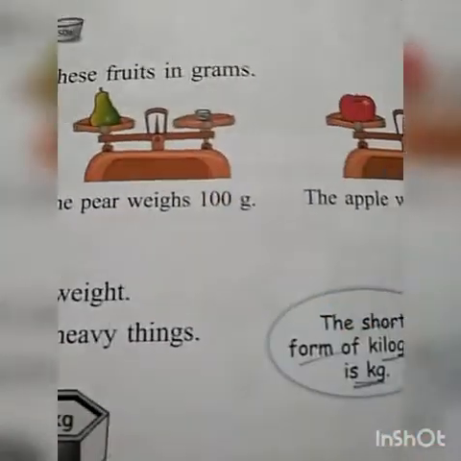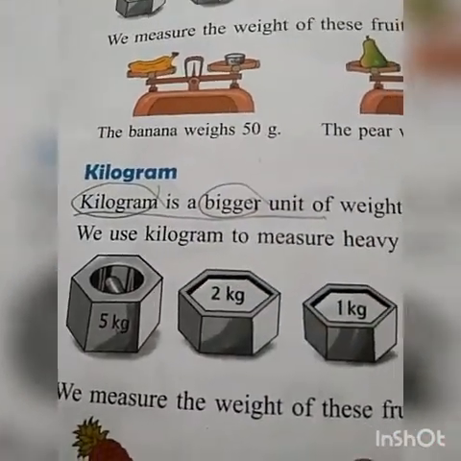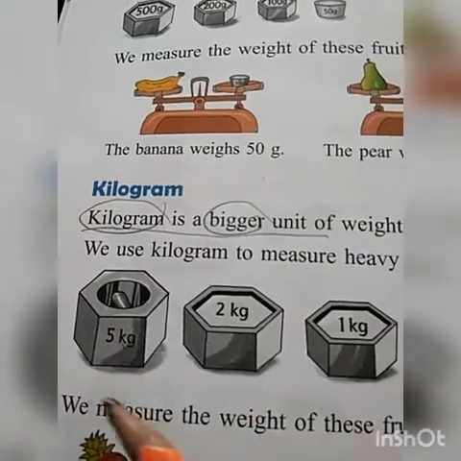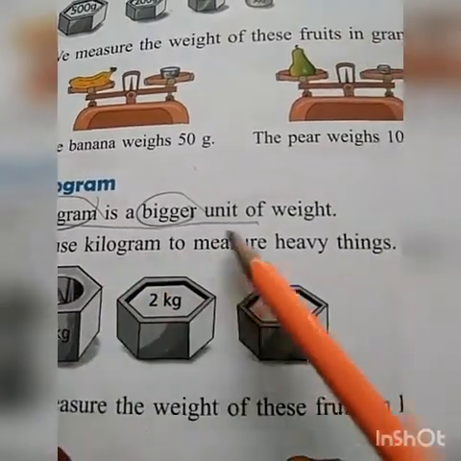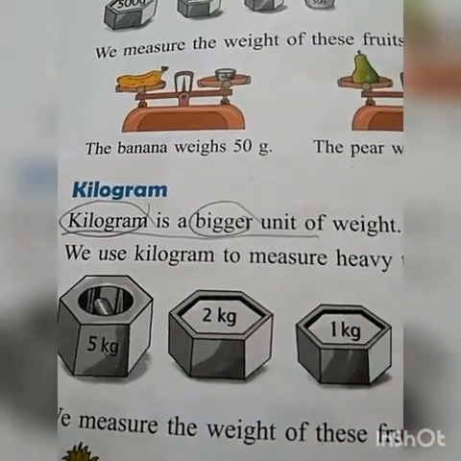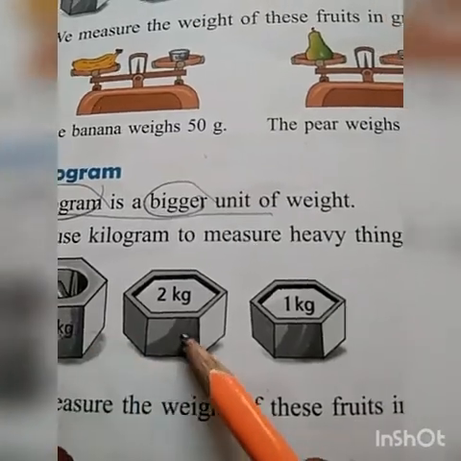And similarly, these are the balances for measuring the weight, and these are the weights showing the higher units like kilogram. So kilogram is bigger unit of weight, like meter is bigger unit of length. 5 kilogram, 2 kilogram.